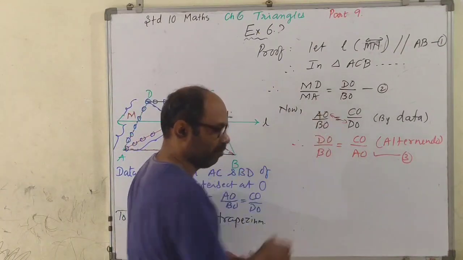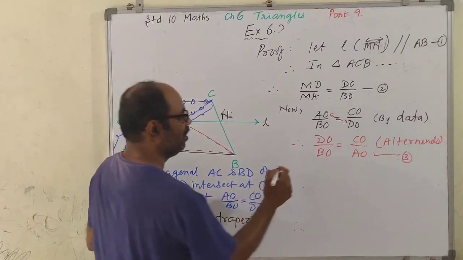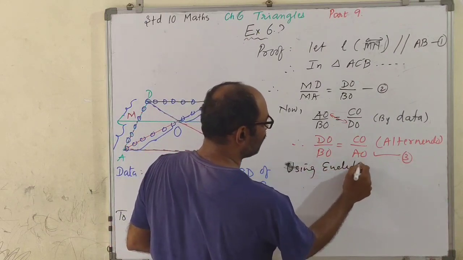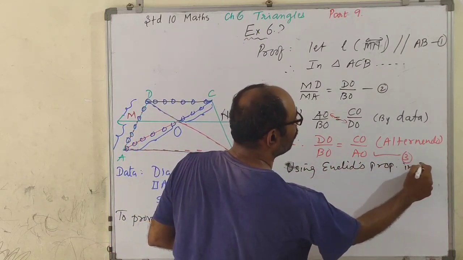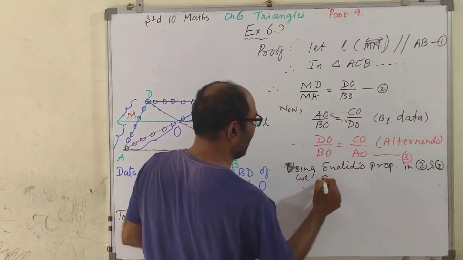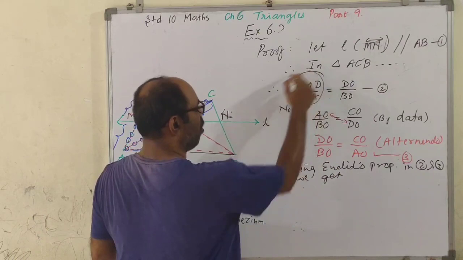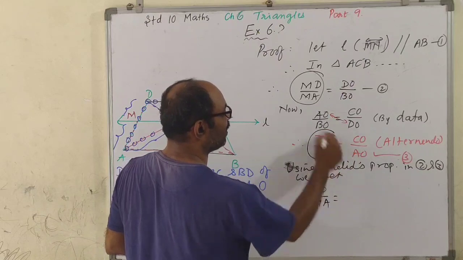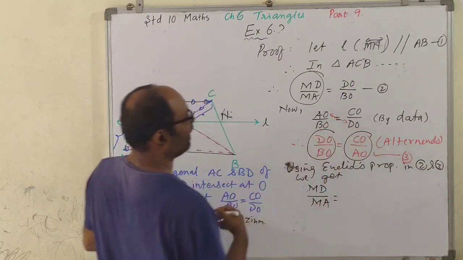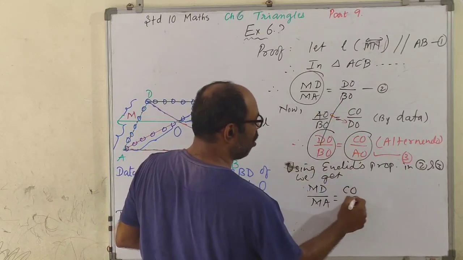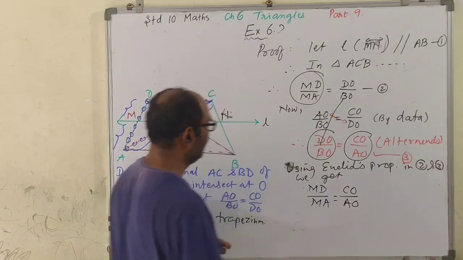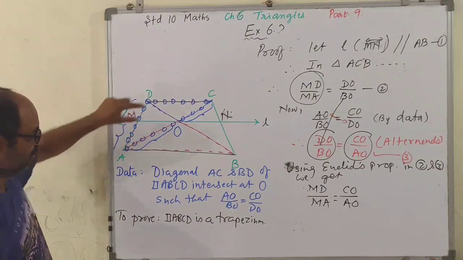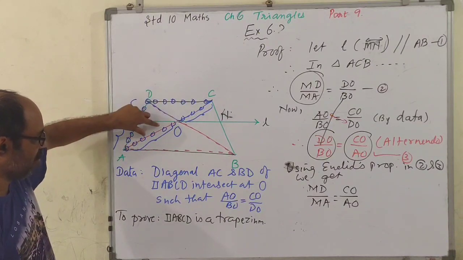DO upon BO, DO upon BO, by Euclid's property. So using Euclid's property in 2 and 3, we get MD upon MA is equal to CO upon AO.